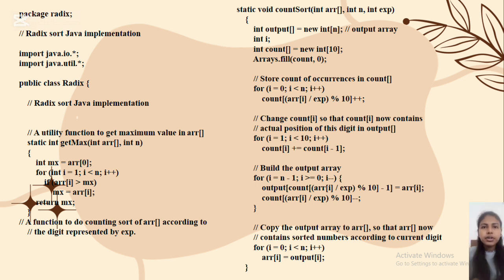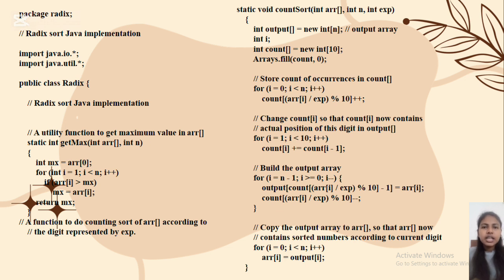So now I'm going to explain the counting sort function. In the counting sort function, the static void function is defined to perform counting sort based on a specific digit representation. There are three parameters in the static function: array, n, and exponent.